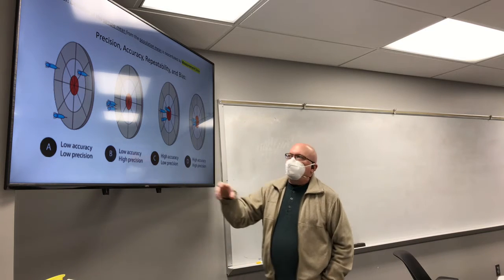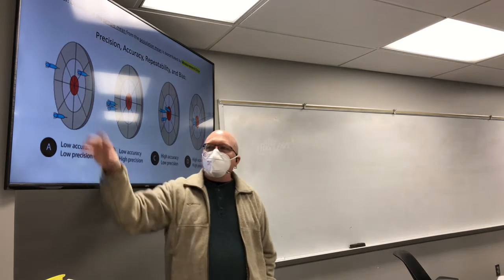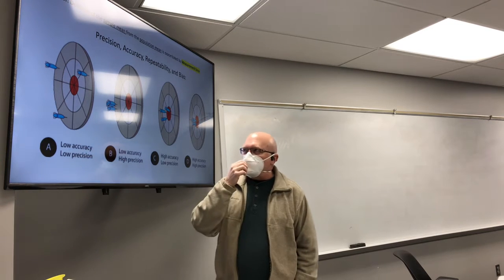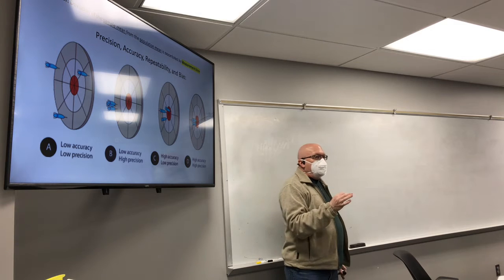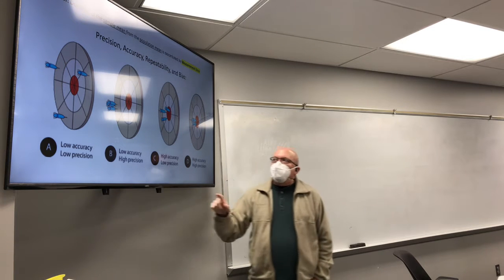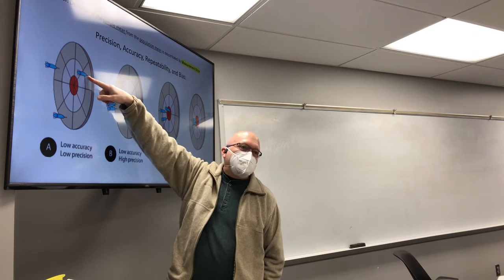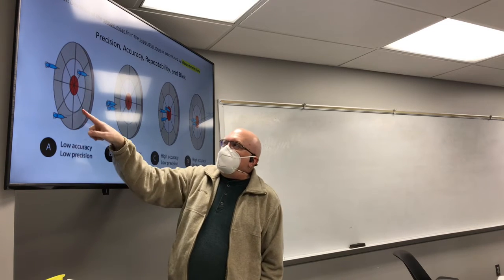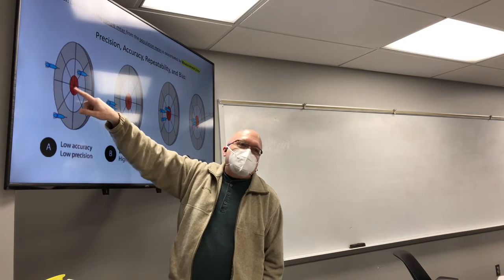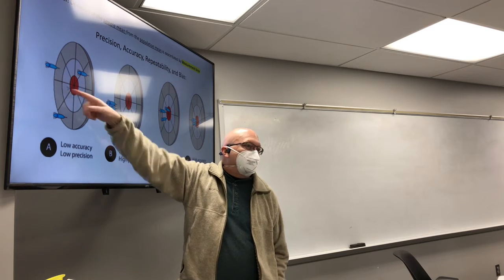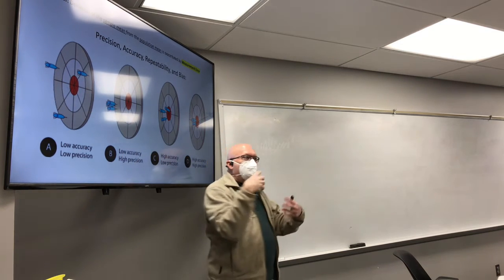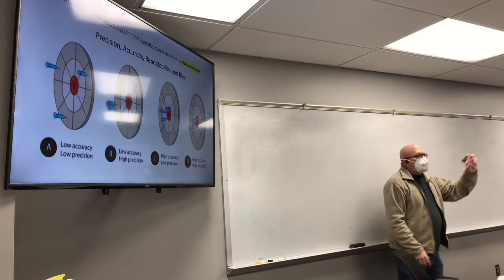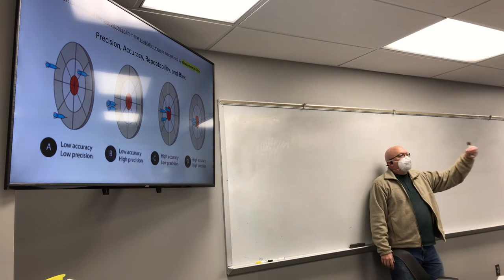Here you have darts being shot at a target, and figure A here says it's low accuracy and low precision. In reality, it's as precise as the needle is at the tip of the dart. It's not accurate because it's not hitting the bullseye, the intended target. So you can think about data that you gather for a sample as trying to tell you something about the population.